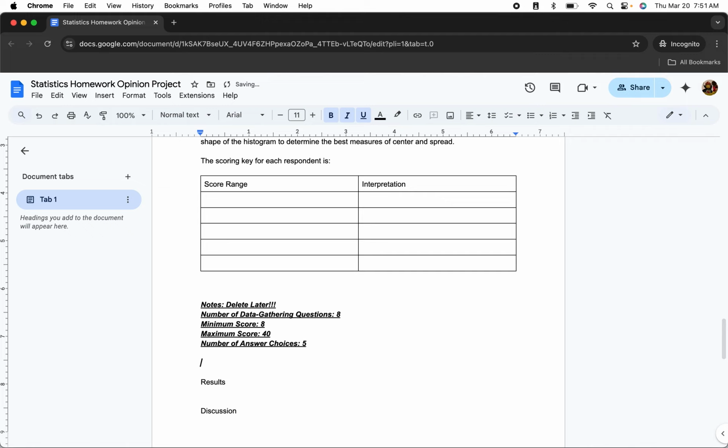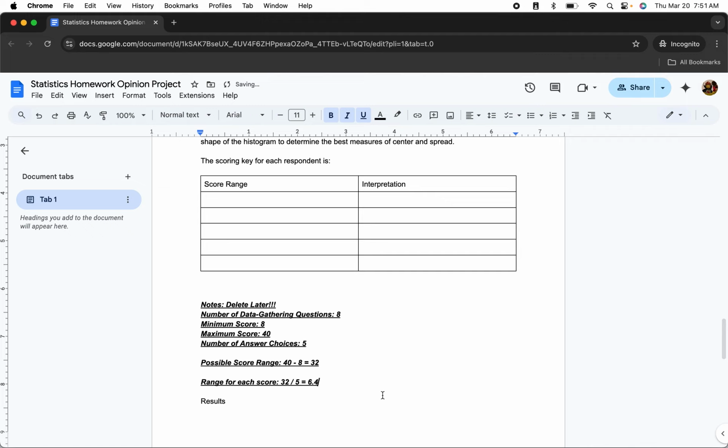So, possible score range. Remember, range is all the distance between your maximum and minimum output values. So if I have 40 as my maximum and 8 as my minimum, then there are 32 numbers for me to play with in between. And the range for each score, 32 divided by 5, is 6.4 for me.